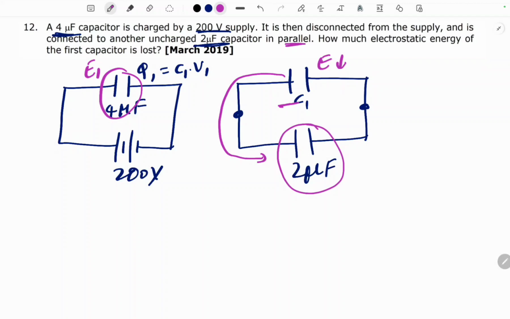How much energy does it lose? The energy lost by the capacitor C1 will be equal to the energy gained by C2. By keeping that in mind, we can calculate E2 also. Then if we subtract E2 from E1, we will get the change in energy. Let us solve it now.